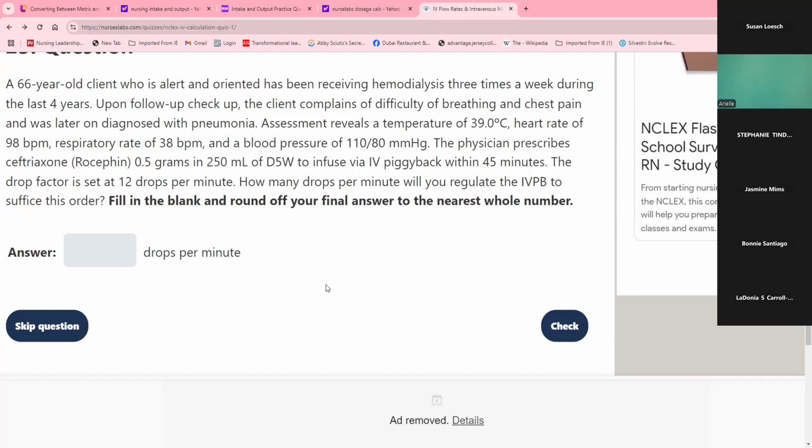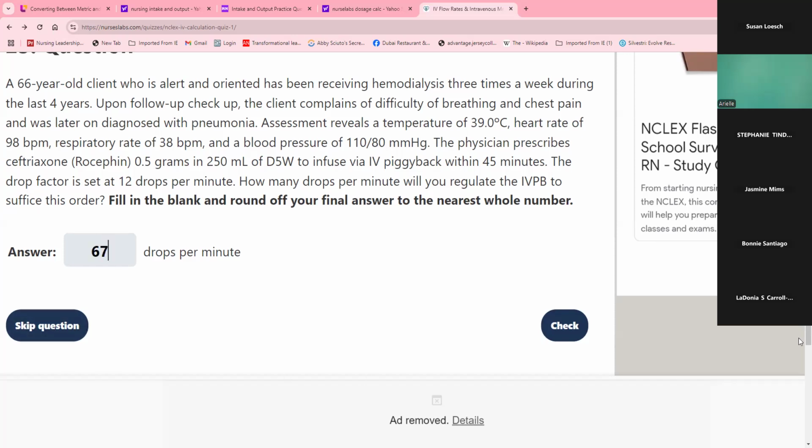So I could just take my 250 divided by 45, multiply it by 12. And what'd you get? 66.66. Okay, this is drops per minute. So what's my answer going to be? 67.